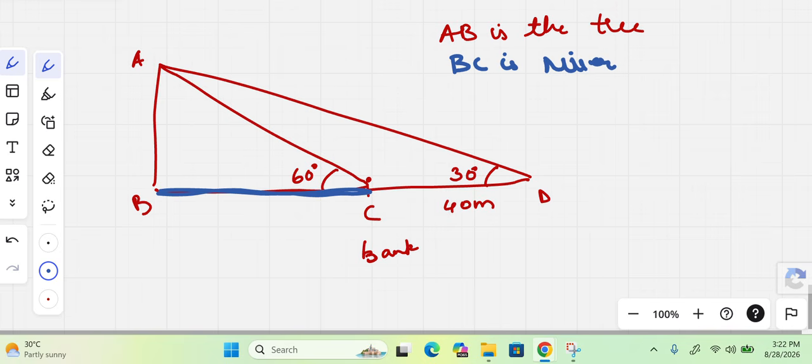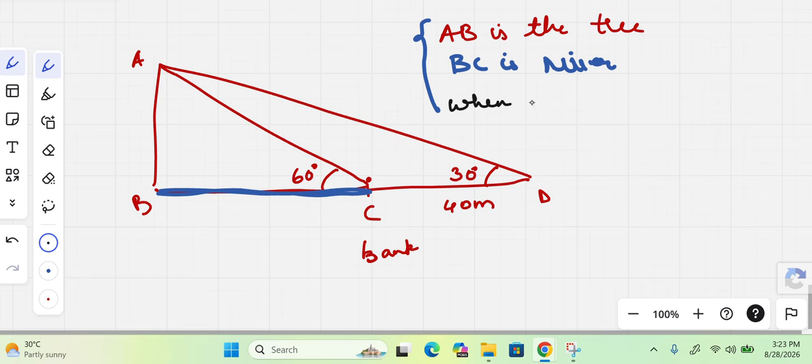Clear? Is it clear, kids? Anybody wants me to draw the diagram again? Better. You have to describe your image. Here you can describe all that.